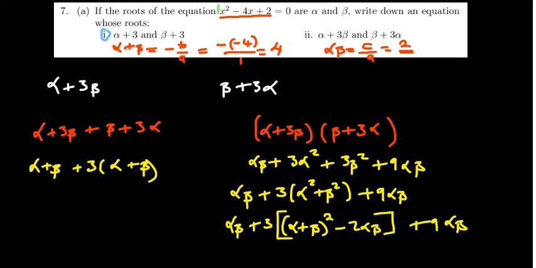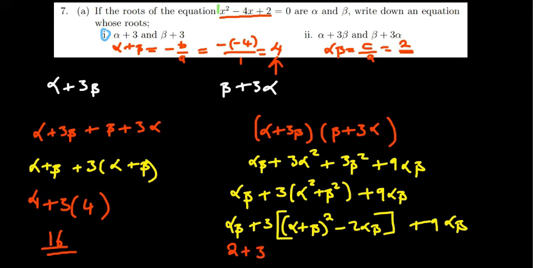I believe at this point we're able to substitute now. Alpha plus beta, don't forget, is equal to 4. So 4 plus 3 times 4, that is 12 plus 4, 16. Then for the other part, alpha beta is 2.